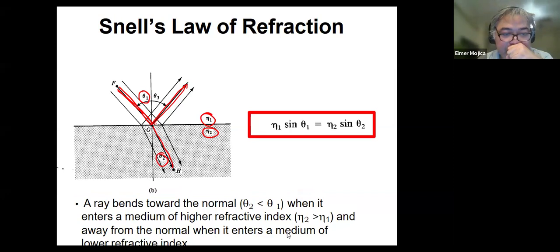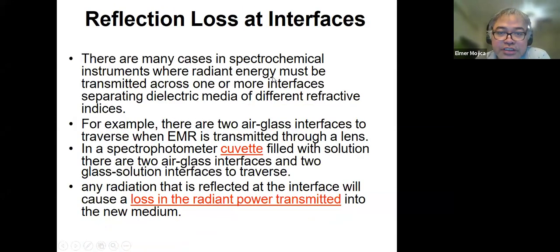Okay, so if you're going to look at this, you could see that there is some loss of reflection at the interfaces. Okay, so try to imagine when you're doing spectrochemical measurement. So usually, what do we have? We have to put your sample in what we call a sample holder, or the so-called cuvette.